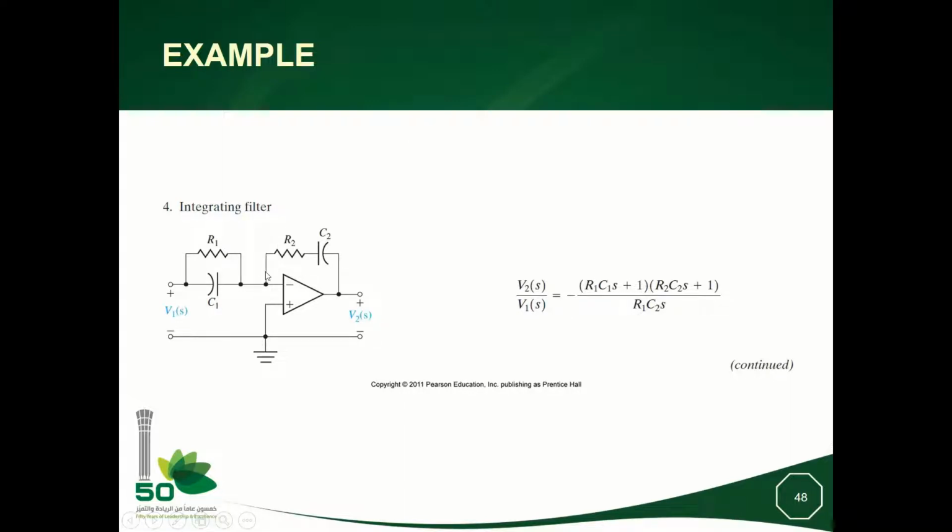Here we have the impedance at the output to be the sum of R2 plus 1 over C2s. So this is the impedance of the output. And the impedance of the input is R1 parallel to 1 over C1s. Impedance of the output divided by impedance of the input, multiplied by minus, will give this result.